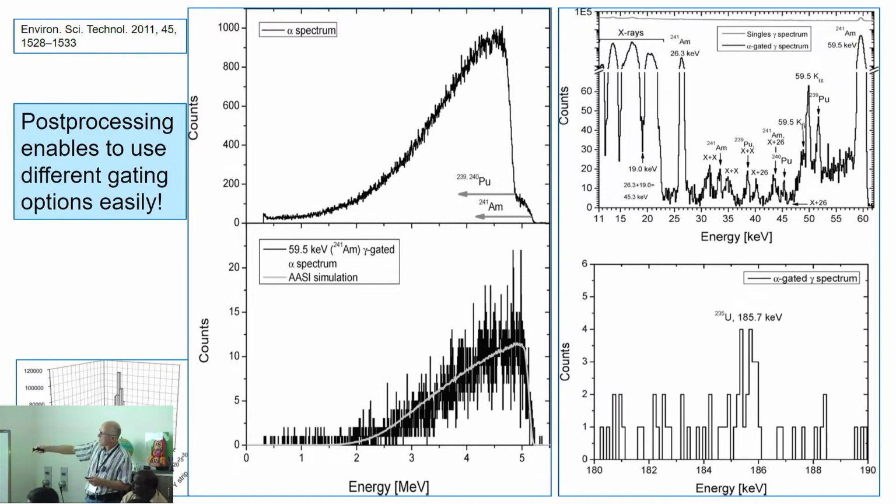From the same spectrum, we look through the area from 180 to 190. So we try to see whether there is any uranium-235 signal present. In the normal spectrum, we cannot see anything.